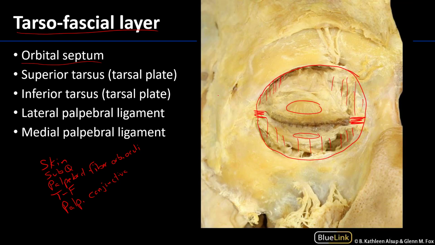So when people are discussing the two types of orbital cellulitis, pre-septal and post-septal, they're actually referencing this orbital septum here.